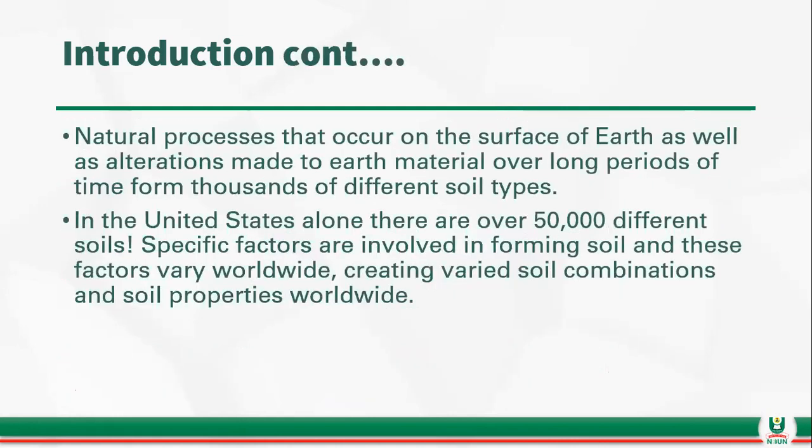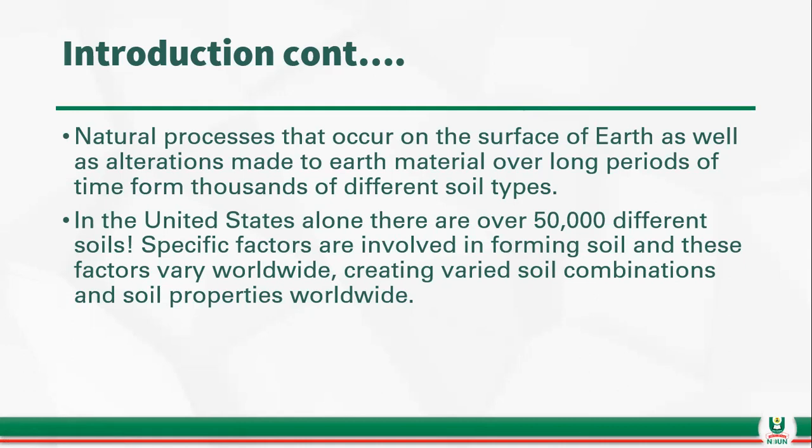The natural processes that occur on the surface of Earth, as well as alterations made to earth materials over a long period of time, form thousands of different types of soil. So we don't just have one type of soil, we have several types of soil, as a result of several interactions and several compositions of the soil.